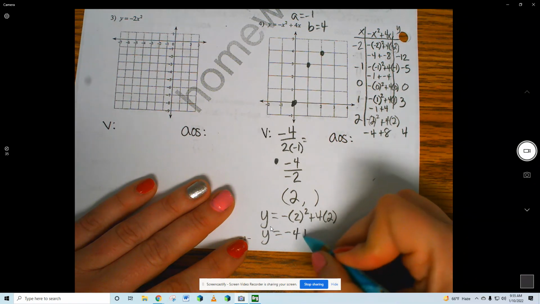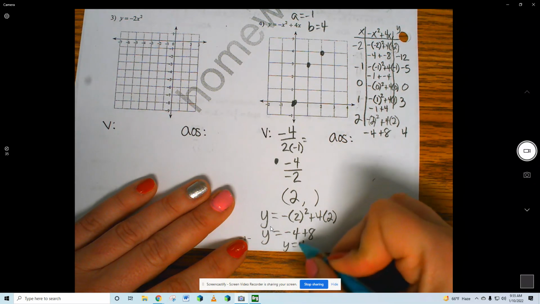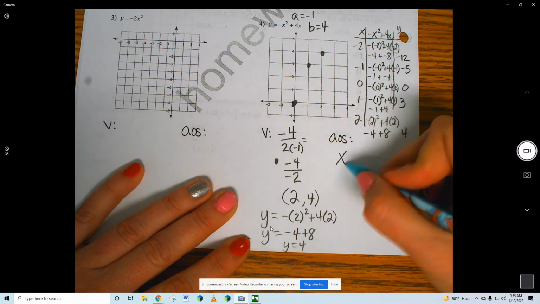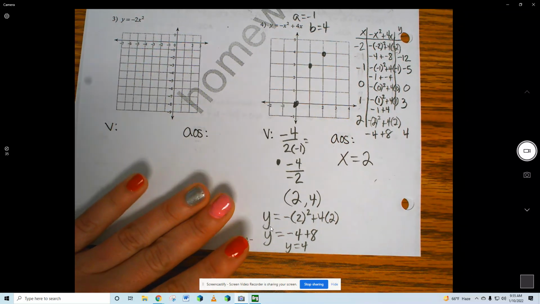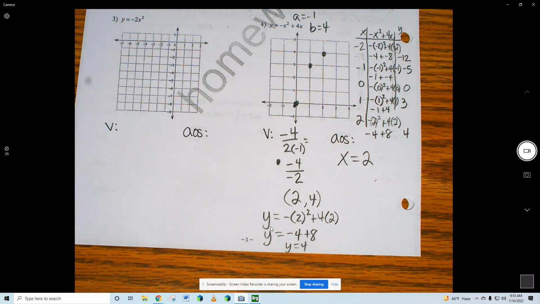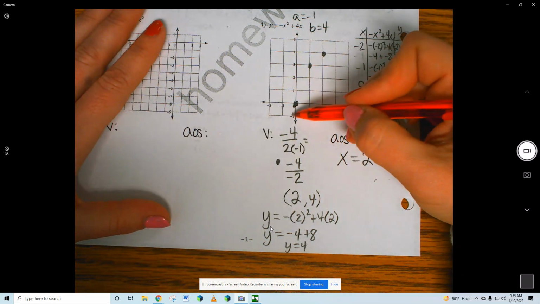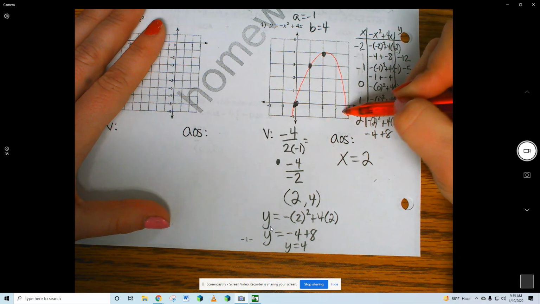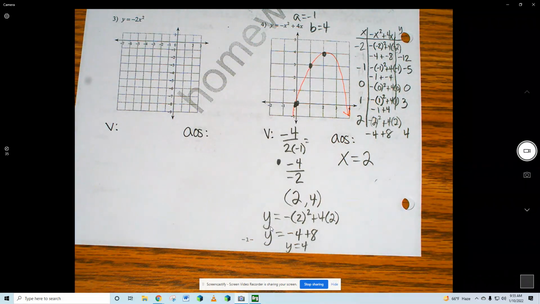Negative 4 plus 8. Y equals 4. My vertex is 2 comma 4. So my graph, even though I wasn't able to finish it, is going to kind of look like this. And then it'll come down the other side. I only was able to do half of it.